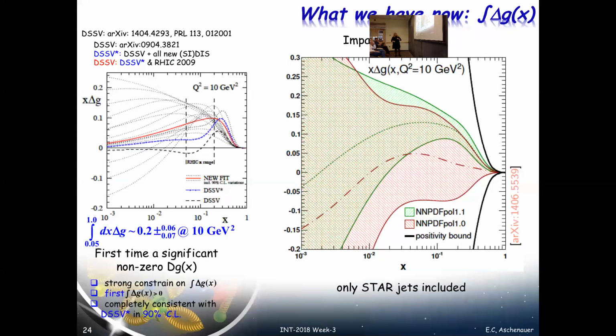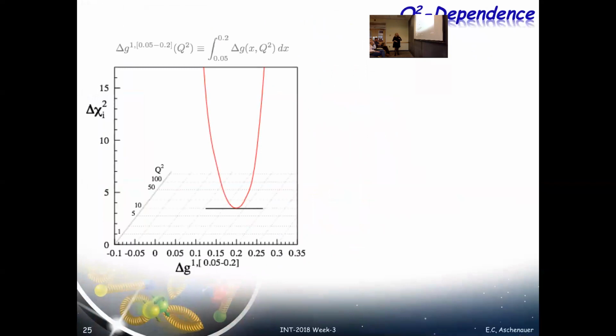The red is before the RHIC data were included, and the green is after. What they included right now is mainly the STAR jet data. The pion data from PHENIX have not been included because they didn't have their own fragmentation functions, but they are working on doing this.